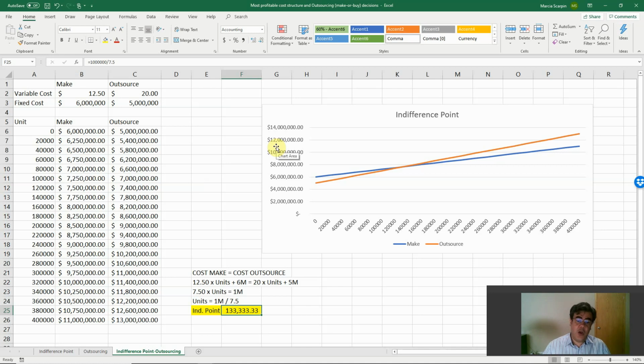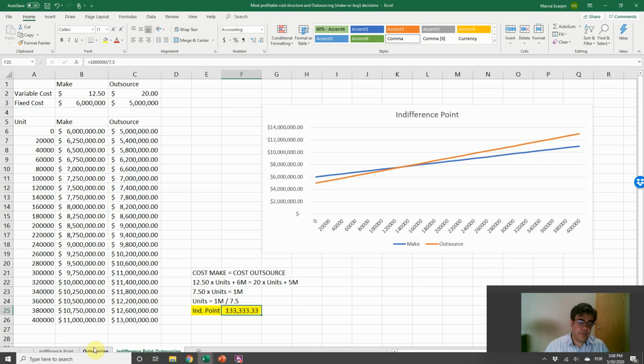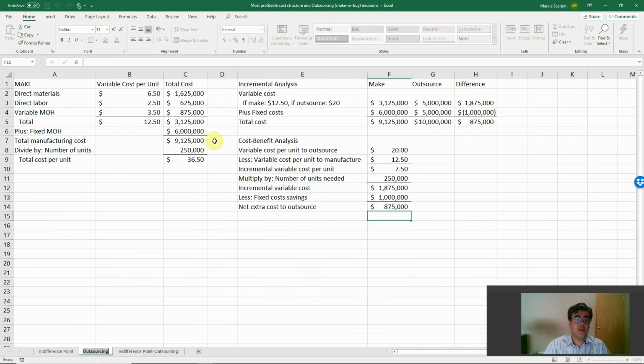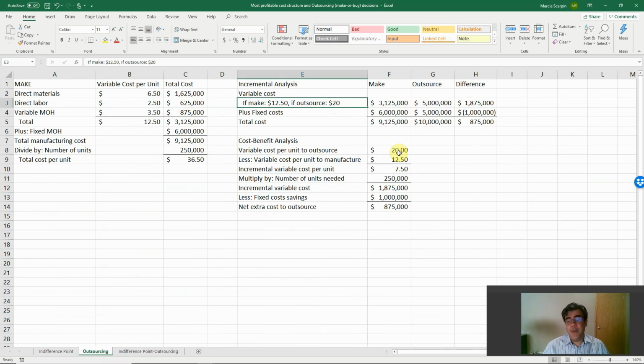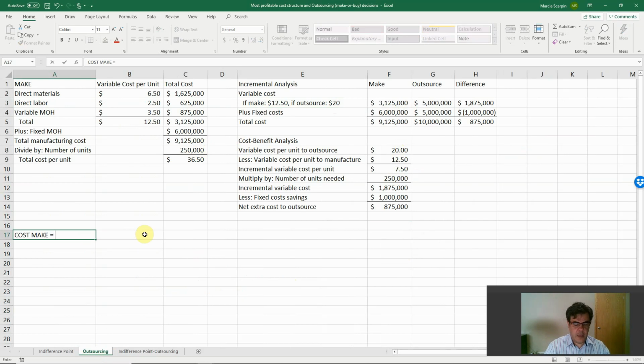Or another option that we have. Let's go back to the outsource here. Okay, 20 is too much. How much would be a good price? Again, cost to make equal cost to outsource.